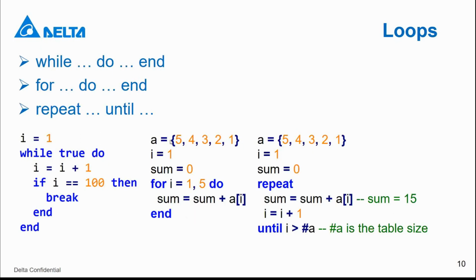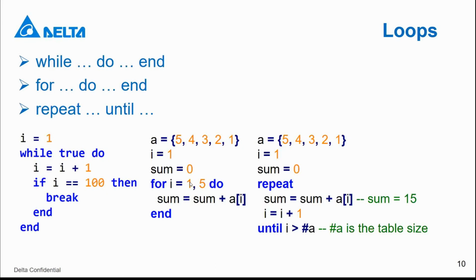And the second is for do. For do is for easily going through a list, because in the for you can define the index I, beginning with the initial value and the end value. That means in this loop I will go from 1 and add 1 in each loop.